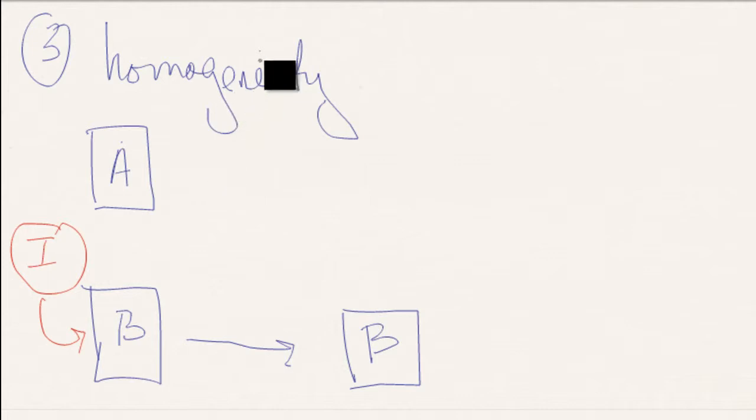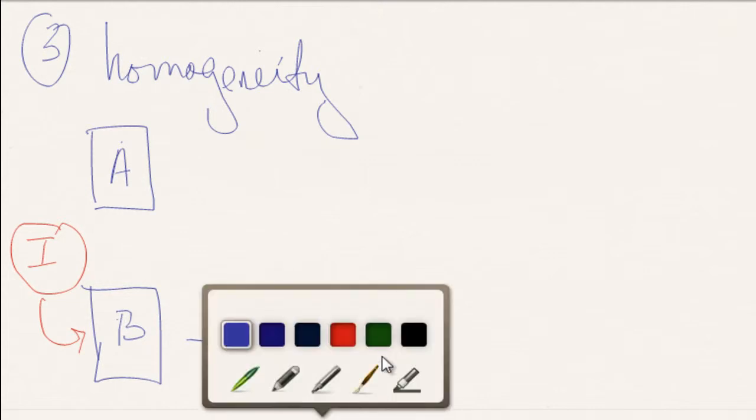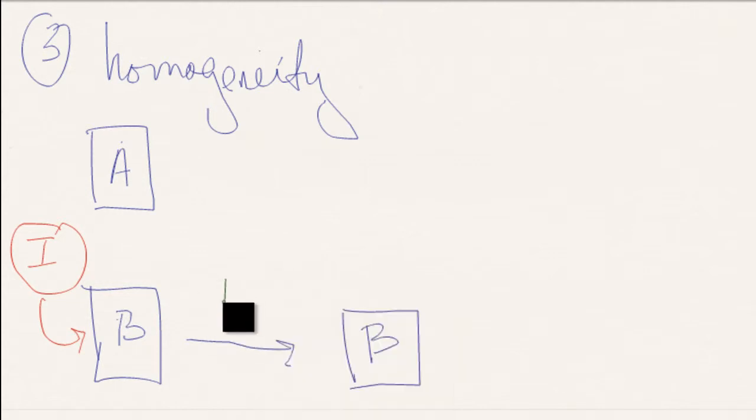But you want homogeneity in the sense that the intervention has a similar effect on all of the patients and not wide-ranging effects. So it's not that only some of the people in Group B move this far and some of the other people in Group B just move this far, which we can label as B prime.